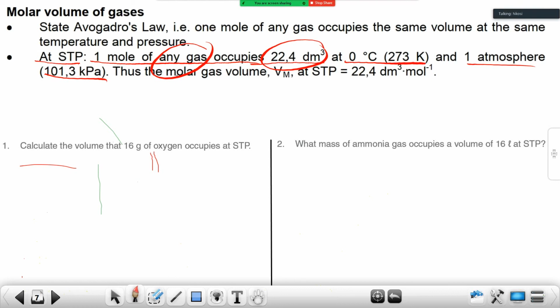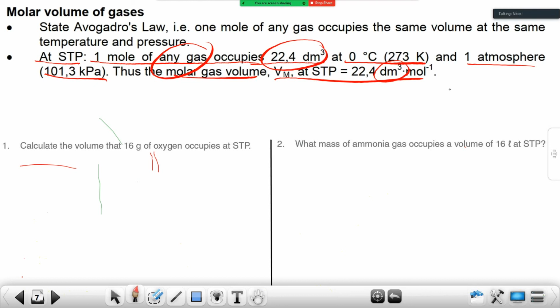So the molar volume of a gas is given as 22.4 decimeter cubed. There comes a challenge now. What is the challenge? The volume here must be in decimeter cubed. So everything that I am given, I should be in a position to work with in decimeter cubed. That is very, very key. What do I know?